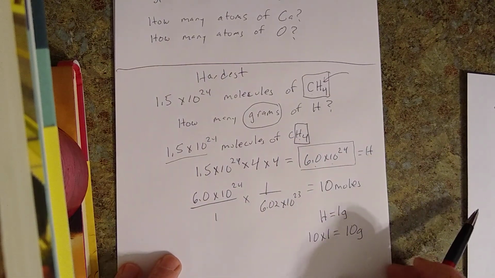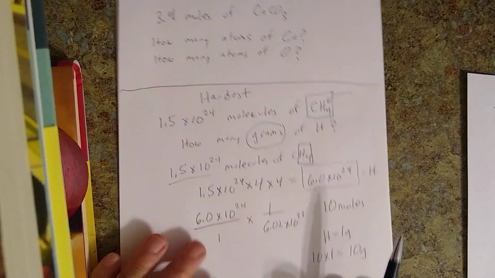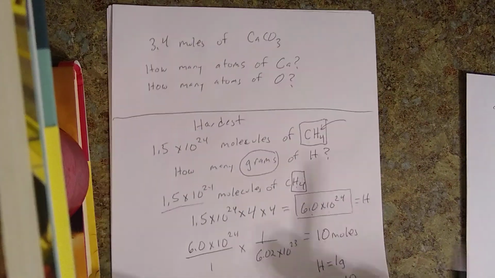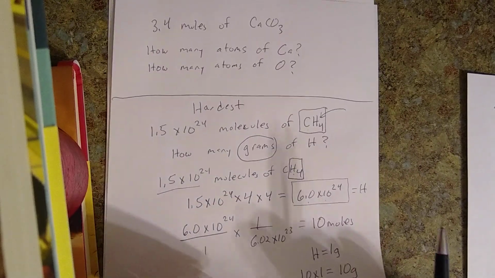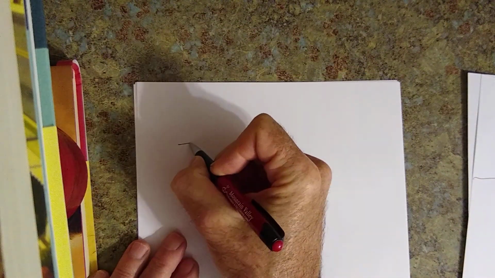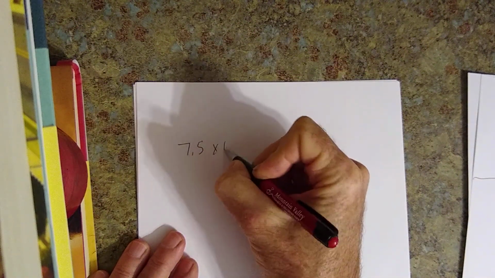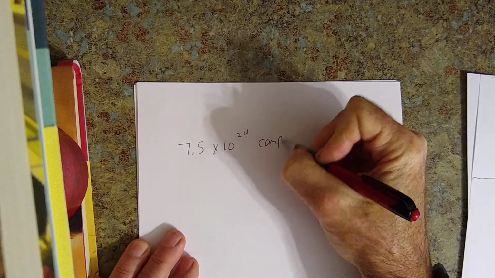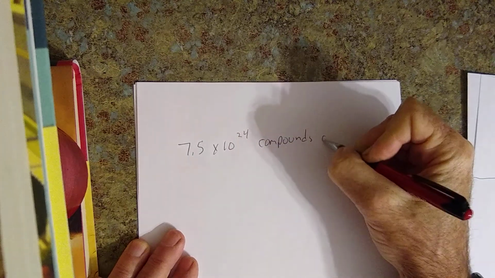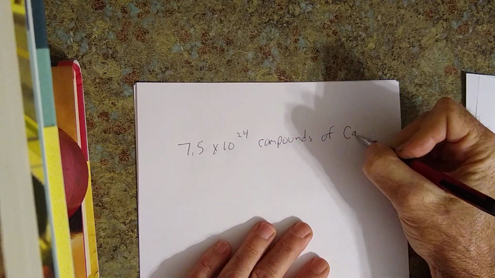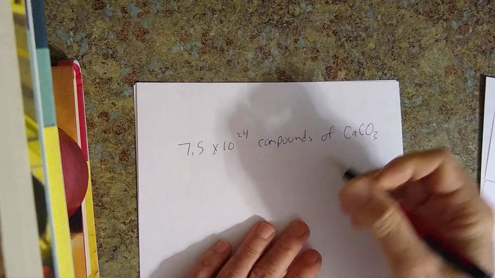So let's keep rolling with this, and let me ask you one to solve on your own. And you should have been working with me the whole time here, but we'll see. Let's say you have, this is our last one, 7.5 times 10 to the 24th compounds of calcium carbonate again.